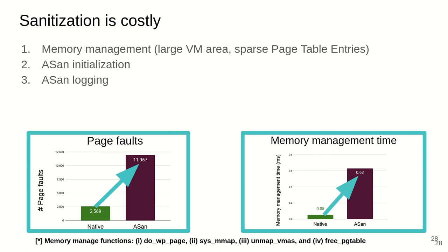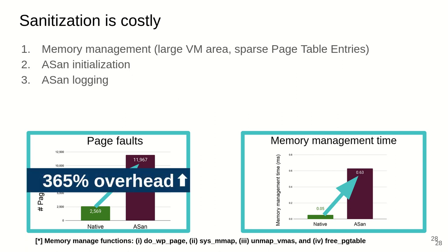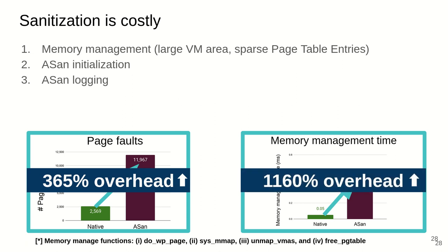And can easily be removed. So just by looking at address sanitization, the number of page faults rises massively, and the memory management is also very, very costly, right? So there's 365% overhead in page faults and over 1,000% overhead in memory management time.